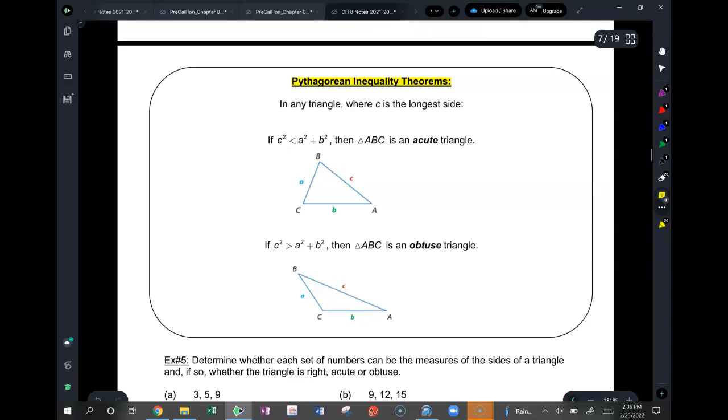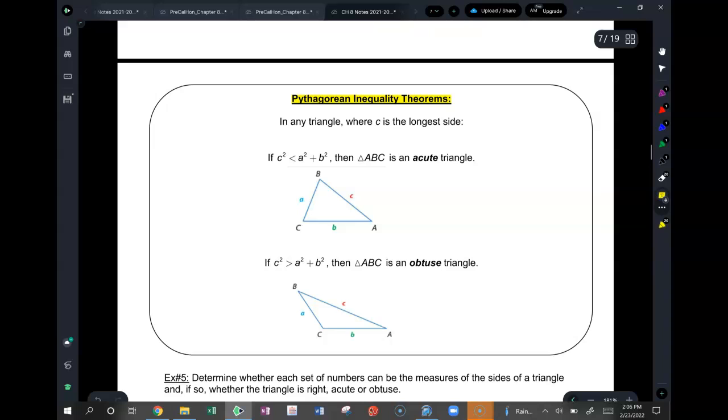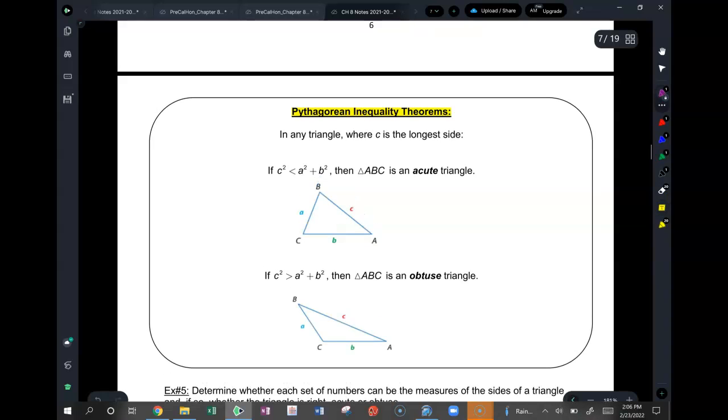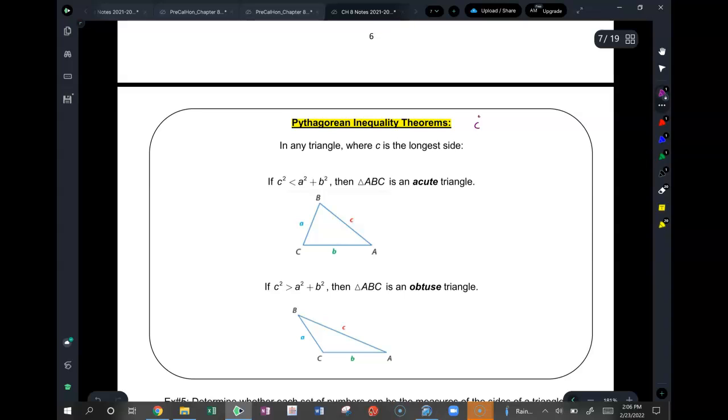Pythagorean inequality theorems. Okay, for this one, it helps if we write the Pythagorean theorem like this: c squared is equal to a squared plus b squared. Just put the c squared first.